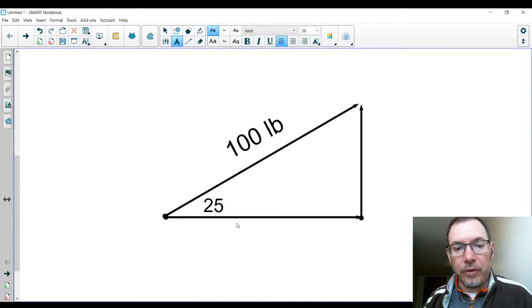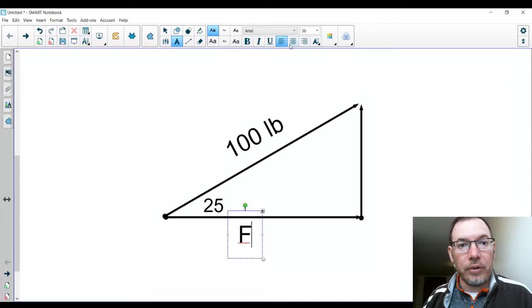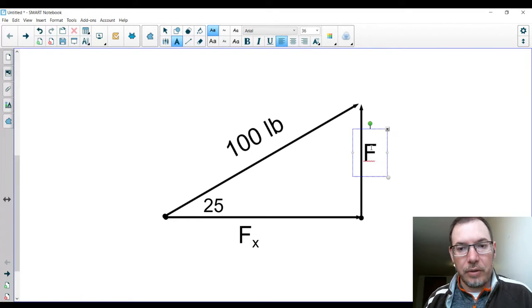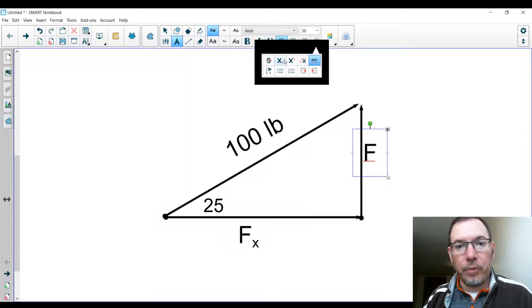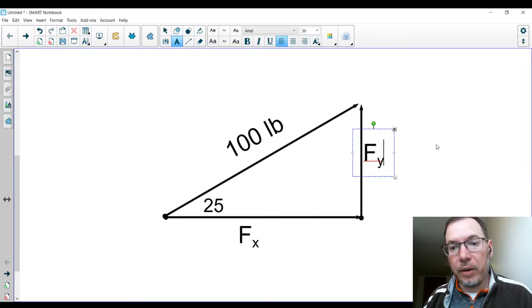then we know enough to find the forces on these two sides. So we can go in here and say, okay, down here, this is my F sub x. And then over here, I have F sub y, which is just the y component. It's the amount of this force that is going in the y direction.